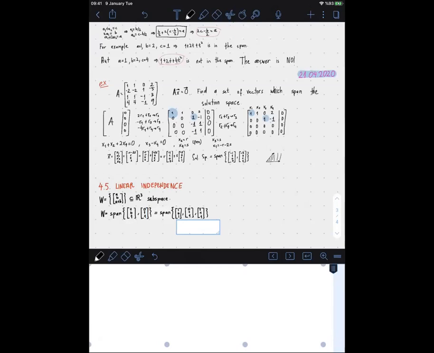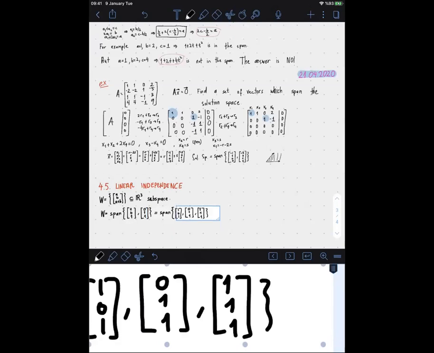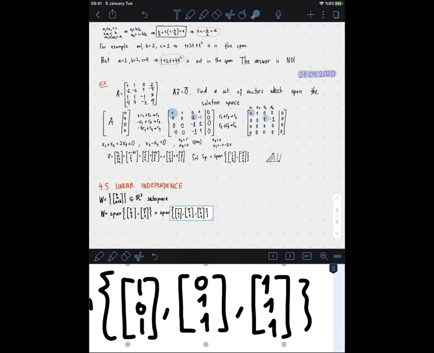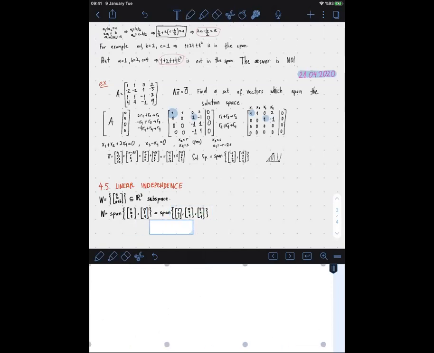You see the third vector here is really the sum of the first two vectors. So in a sense, this third vector is not adding new information to this span. These two vectors span a subspace, and adding this third vector gives us no new information, because it is already a linear combination of these two vectors. Right? So this is still true.